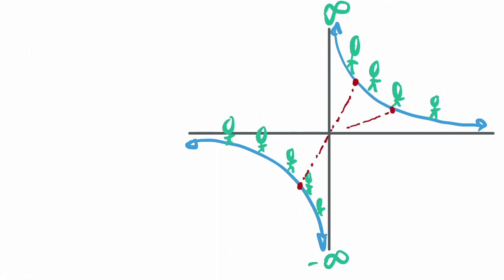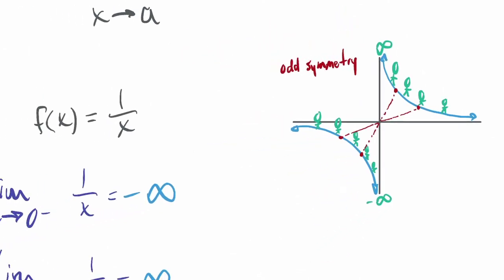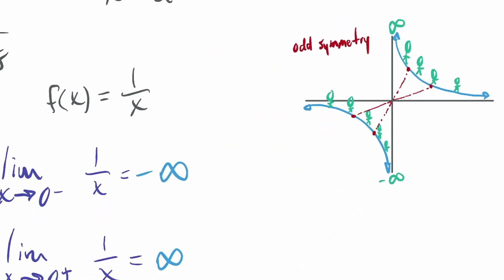If you draw it well, it's equidistant, right? So that's called odd symmetry, or this is called an odd function. That's a bit of a side note, but it's something that we will want to consider from time to time.